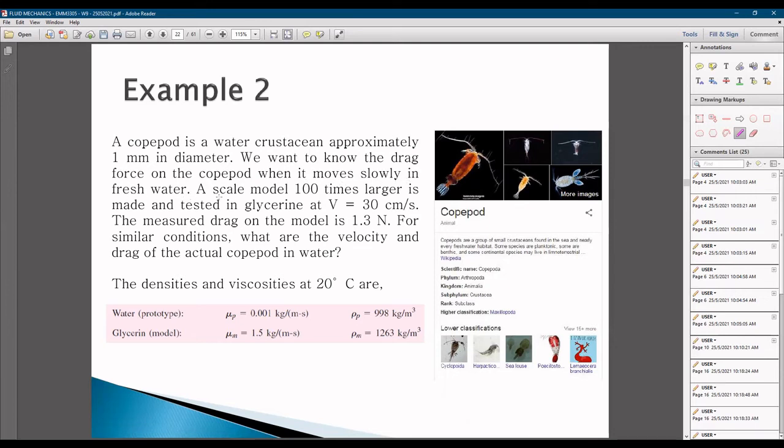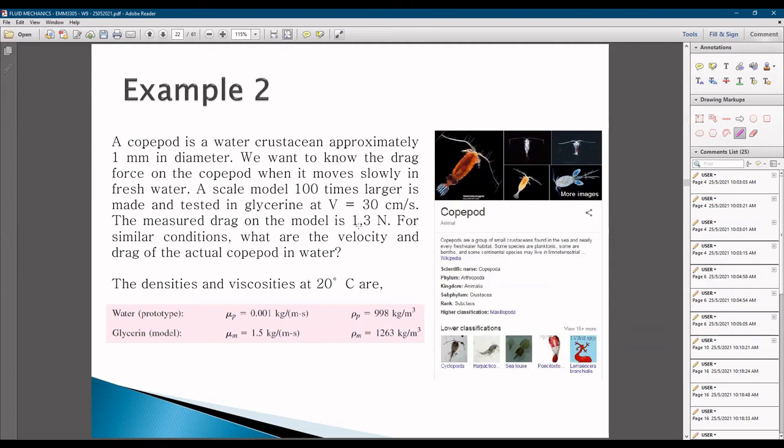A scale model 100 times larger is made and tested in glycerin, a kind of fluid, at a speed of 30 centimeter per second. The measured drag on the model is 1.3 Newton.